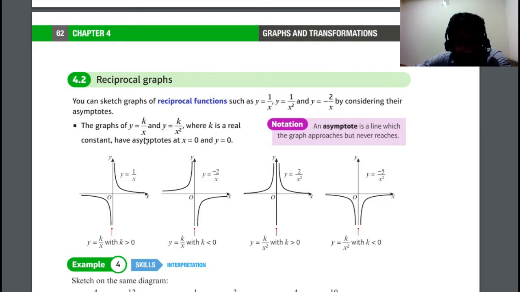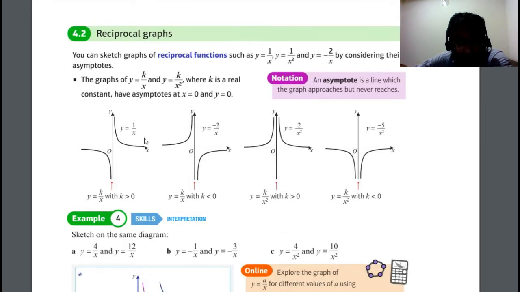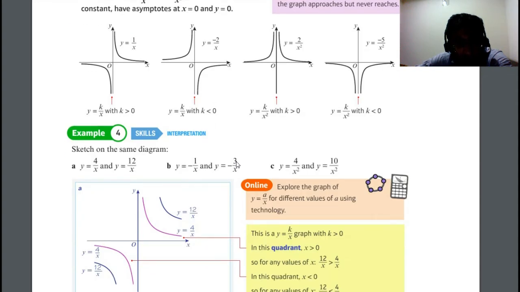So then we have y is equal to k of x. This is 1 over x. This is minus 1 over x, minus 2 over x. This is 2 over x squared. This is minus 2 over x squared. Nice. Okay. The numerator increases, it goes above and beyond.